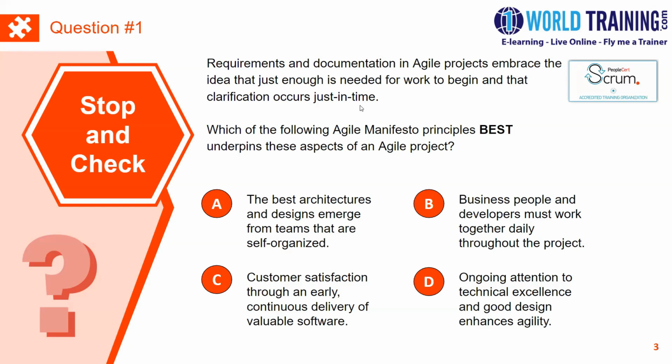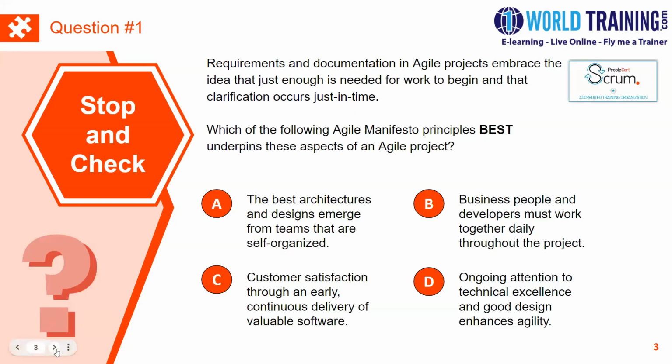If you look at the statement and at the options, option A is ruled out because it doesn't talk about clarification just in time. Option C is also ruled out because it talks about customer satisfaction through early delivery of valuable software.